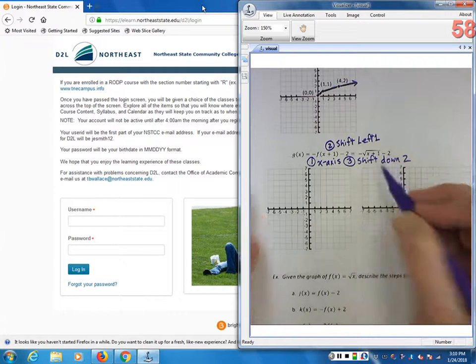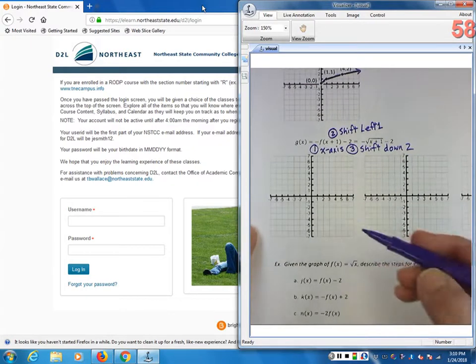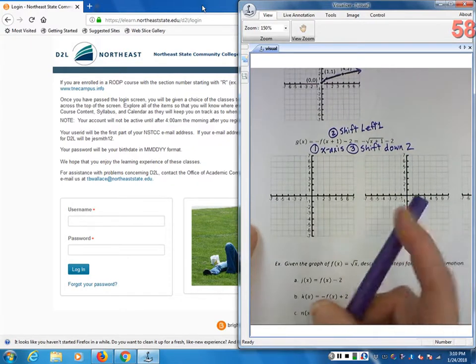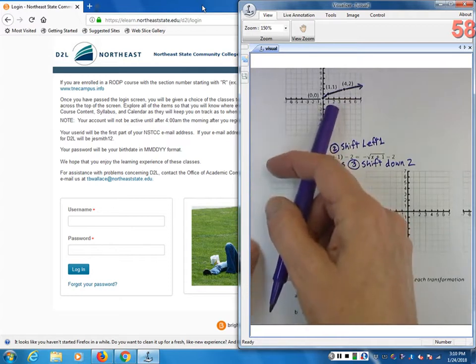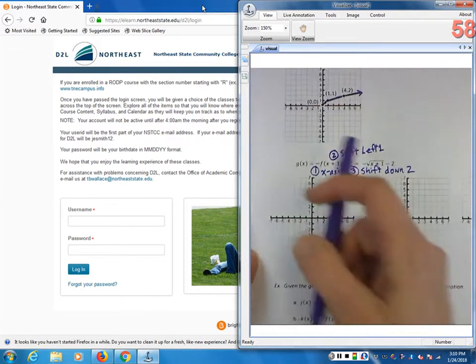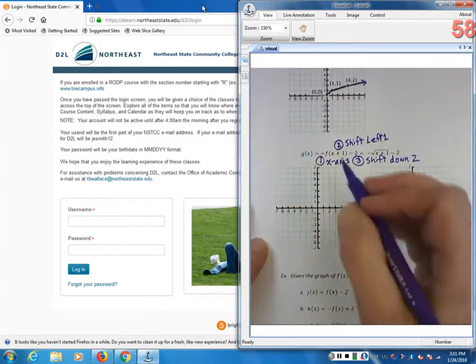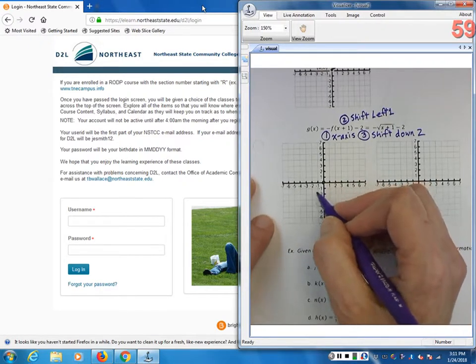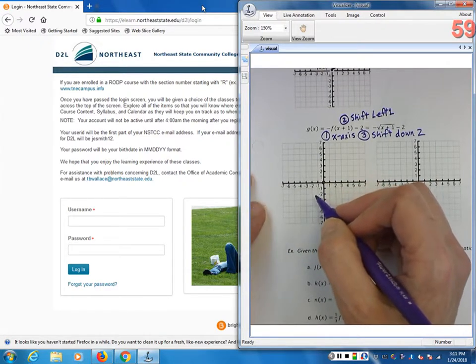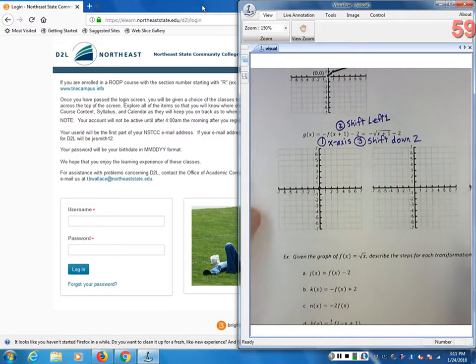Here's what it looks like in the calculator. Okay, so we got 3 steps. Here's the original function. We're going to reflect it about the x-axis. So 0, 0 is still at 0, 0. To reflect it about the x-axis, we change the sign of every y coordinate.